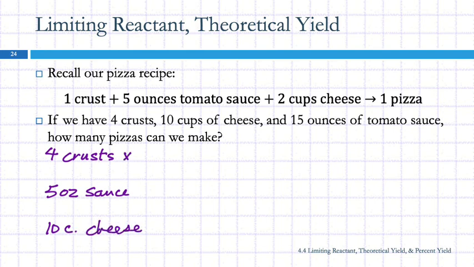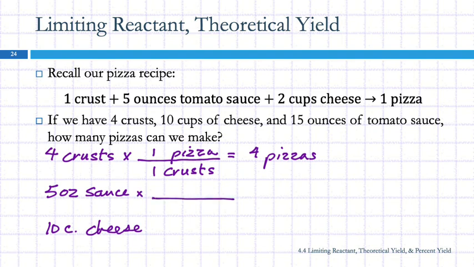And what we're doing in our heads is figuring out how many pizzas I can make with each of those things, right? So our recipe tells us that we need 1 crust per 1 pizza. And so with the 4 crusts, we could possibly make 4 pizzas. That one we didn't really have to think about too much.